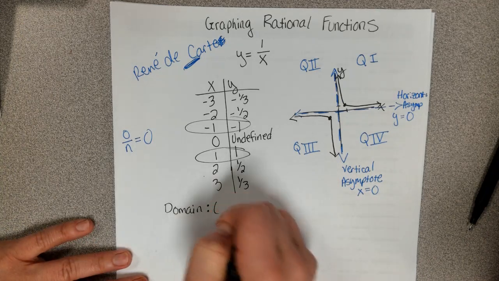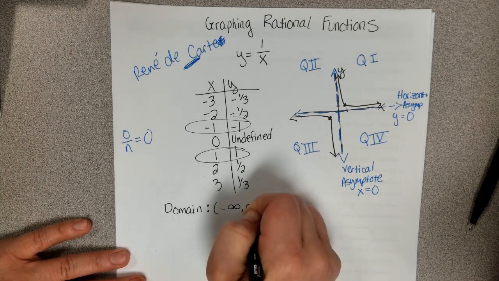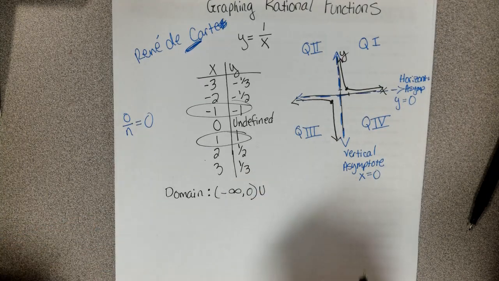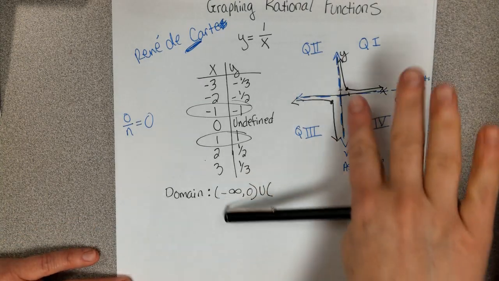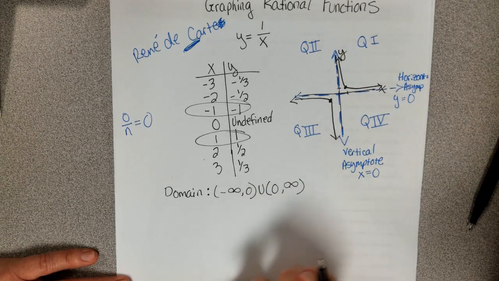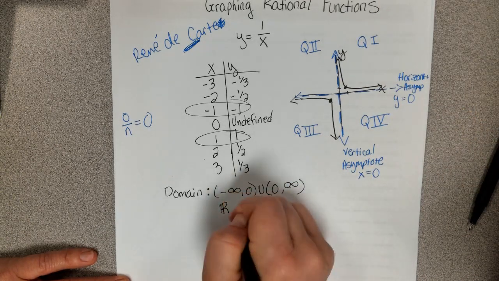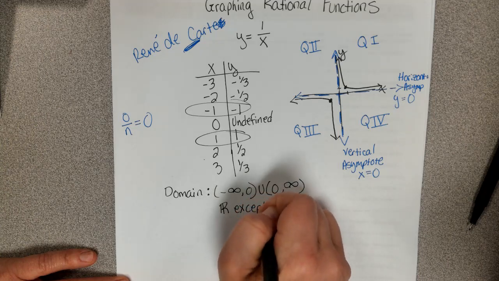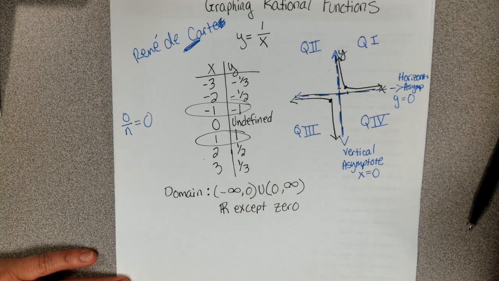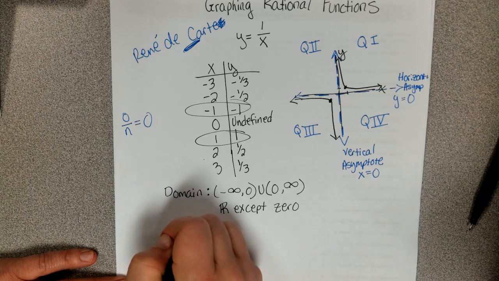You could say that I go negative infinity all the way to 0, but don't actually use that, so parentheses. Then you would union that with what happens on the other side of the graph, which is 0 to positive infinity. I've also seen this written as all real numbers except 0. Either one of those would be acceptable.